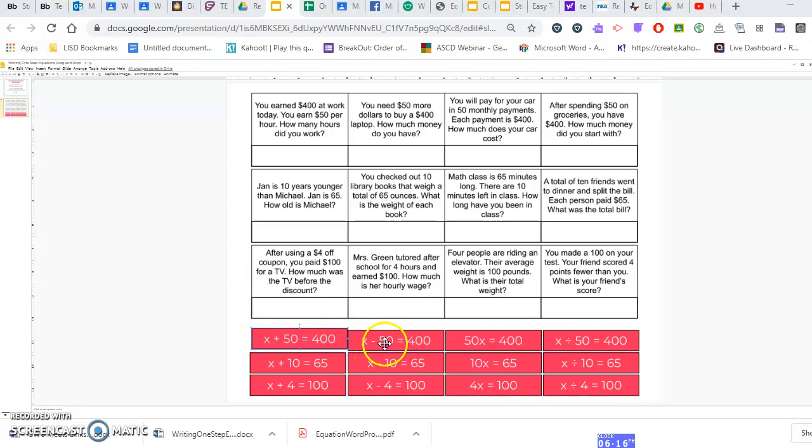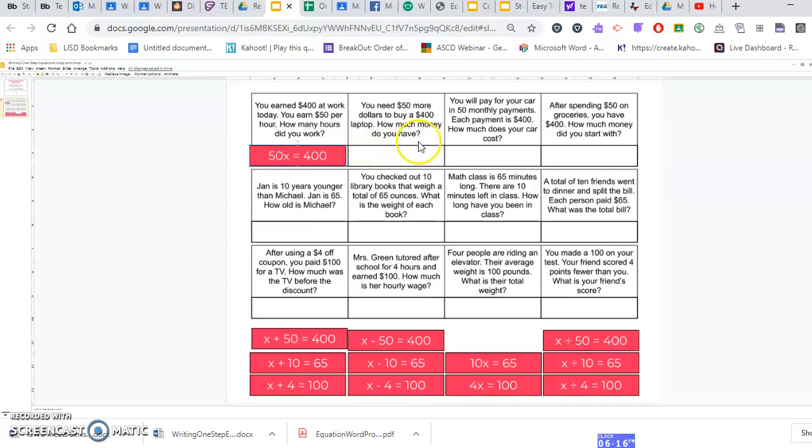This one says hours minus 50 equals 400. Here's 50 times the hours equals 400, or hours divided by 50 equals 400. We want this one, so I'm going to click on it and drag it up into this box.